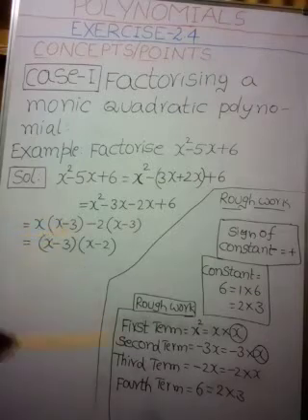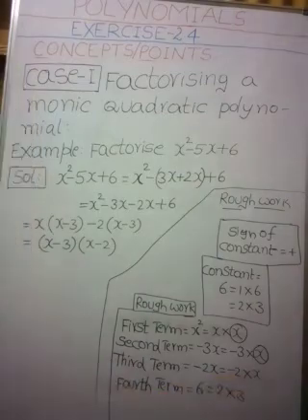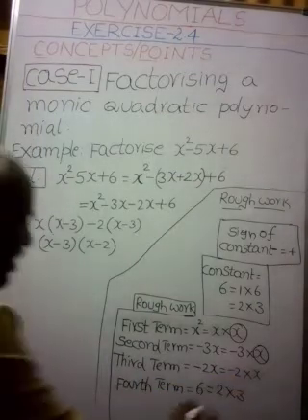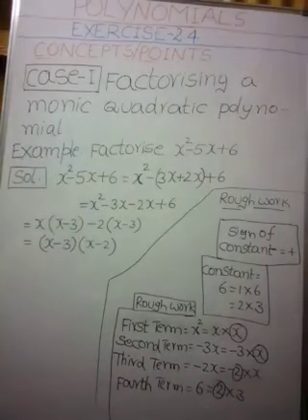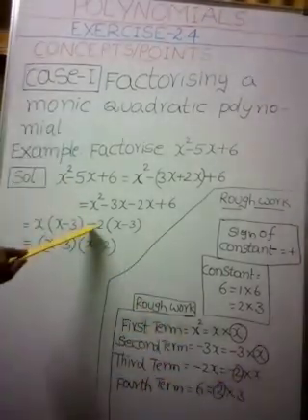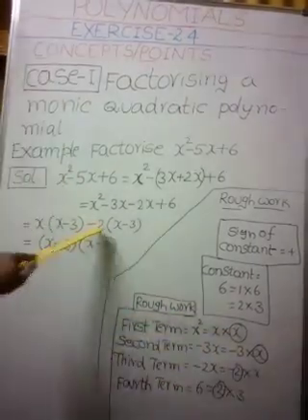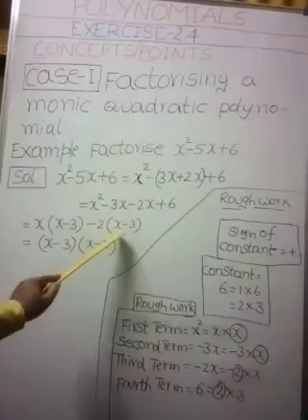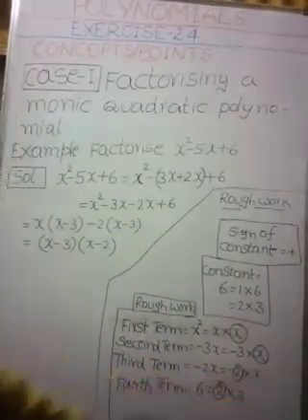Right. Similarly, from the third term and fourth term, if you observe, what is the common factor here? Here 2 is a common factor. So we take minus also. So minus 2. If you take minus 2 here, what will be left here? x. And if you take minus, here we get a minus because it is a positive.